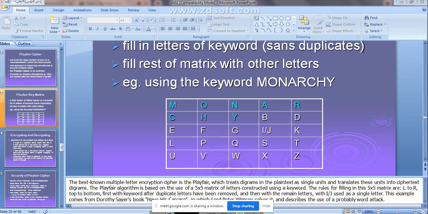A. But A is already present in the keyword, so there is no need to write it once again. If a letter is already filled in the 5 by 5 matrix, don't repeat it. So the next letter is B.